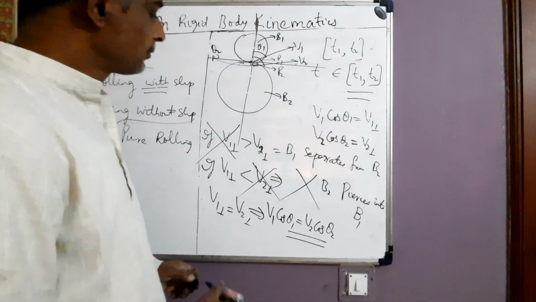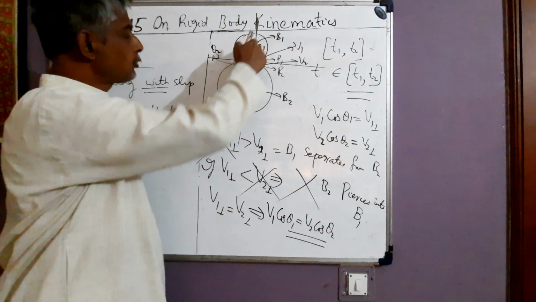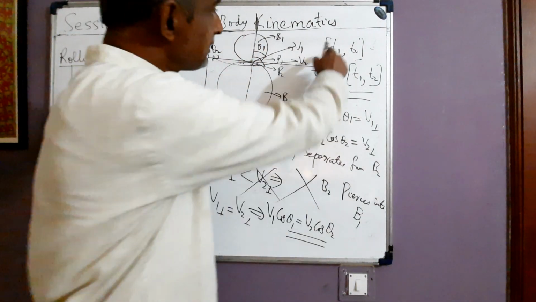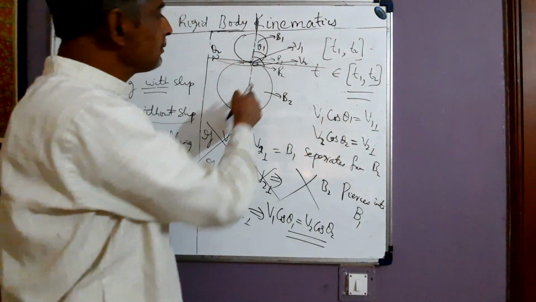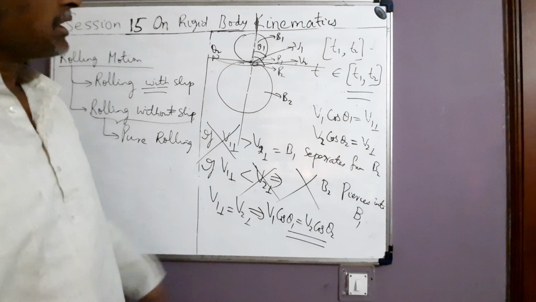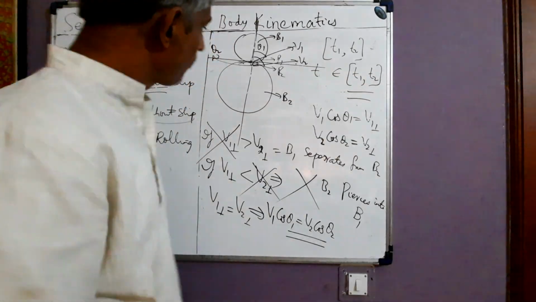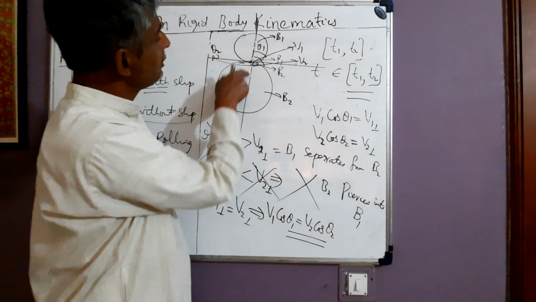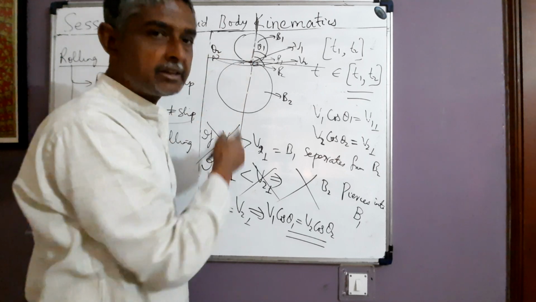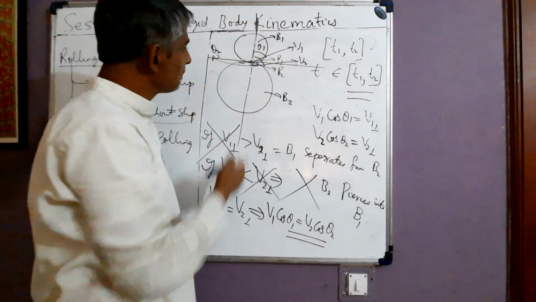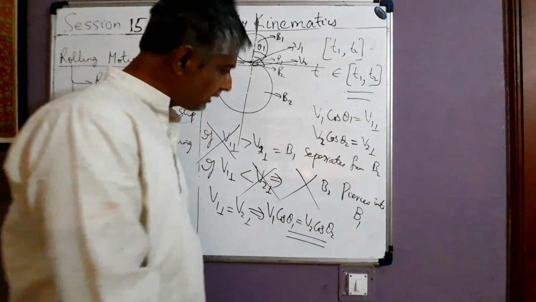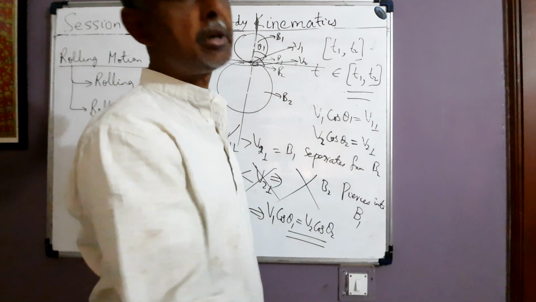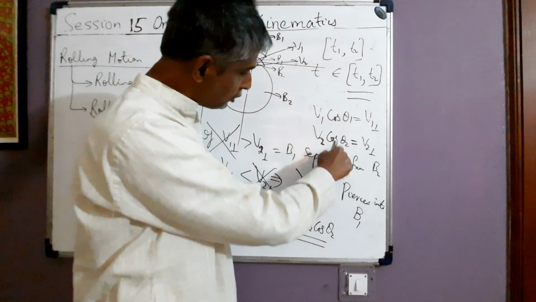Fine. So, what is the one thing? Since V1 rolls over V2, therefore in this time interval at each instant, the bodies are in mutual contact. Therefore, at any instant t of this time interval, component of velocities of the 2 points of the two respective bodies in mutual contact along the common normal are always equal. Because if it was not equal, either the bodies will separate or the bodies will pierce into other. But neither of them is happening.